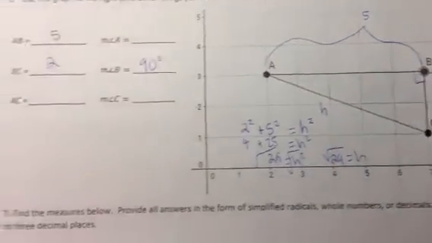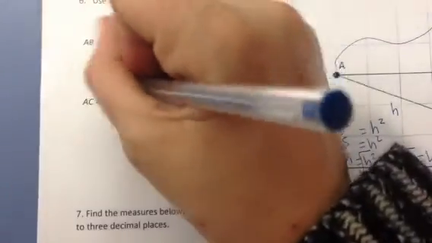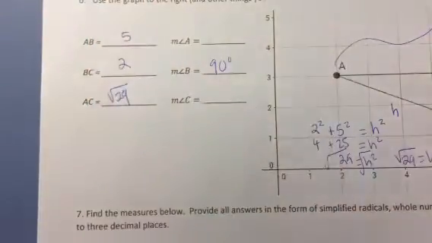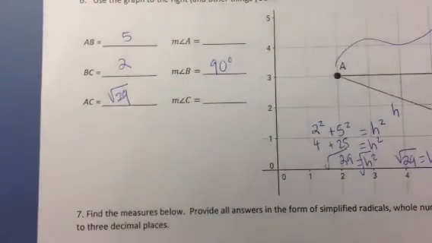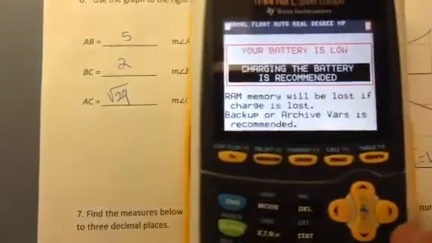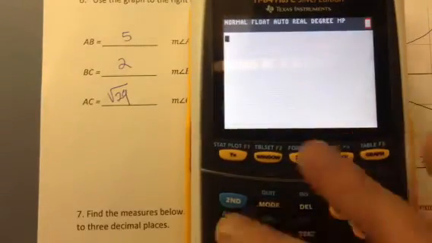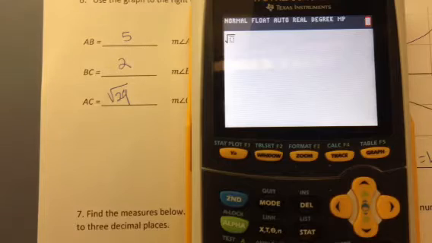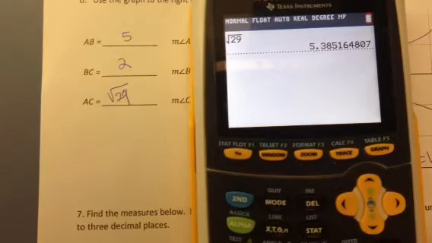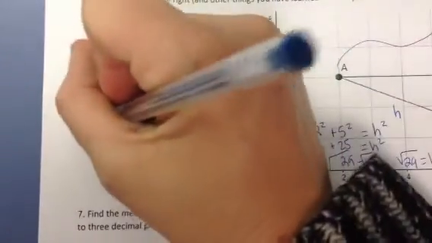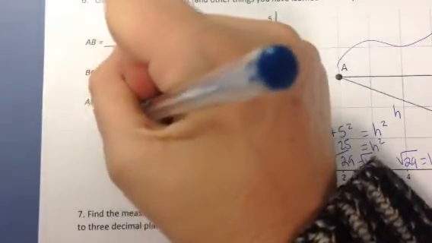You can write that because the square root of 29 is a simplified radical. Or in your calculator, my batteries are low, you could do the square root of 29, hit enter, we get 5.385. So either that or approximately 5.385.